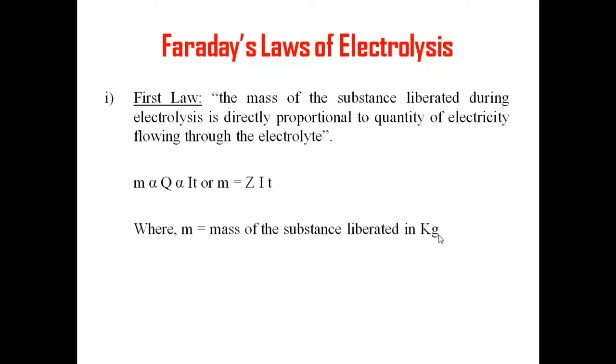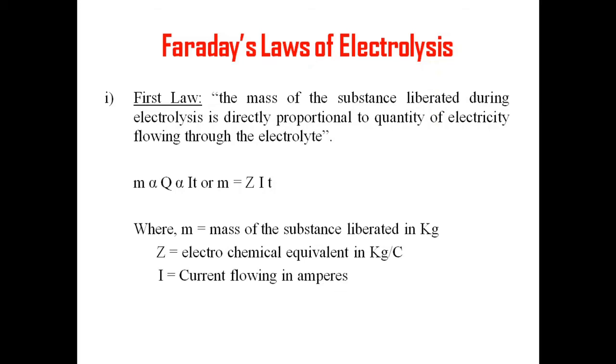So how many kg of copper did we get out of that? That is an example. Z is a constant known as the electrochemical equivalent, measured in kg per coulomb. I is the current in amperes, and T is the time for which the current flows, in seconds. So this is about the first law.